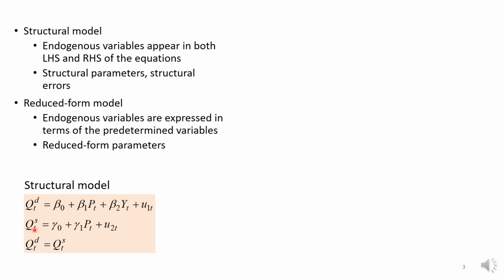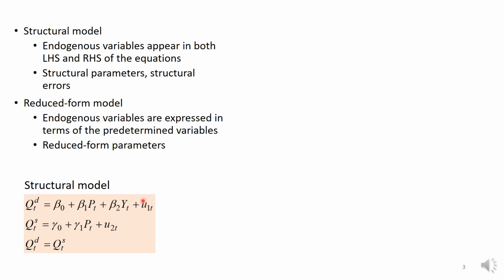This one, your supply, quantity supplied, another endogenous variable, appears here, and your price appears on the right hand side. So the endogenous variables appear in both the left hand side as well as the right hand side. This beta naught, beta 1, beta 2, gamma naught and gamma 1, these are what we call the structural parameters, and this U1 and U2, these are what we call your structural errors.